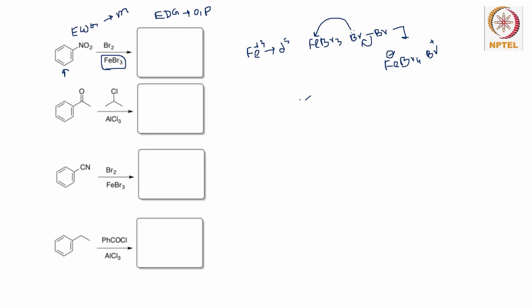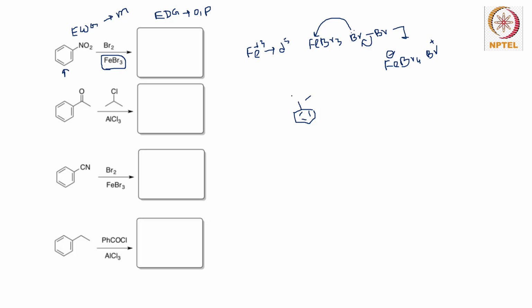If someone has doubt why this meta orienting and ortho-para orienting is happening, you can ask me, and I will incorporate some slides in the next class, because it needs huge structures and different types of structures, so I need preparation. I haven't included the structures. If you can get an idea from this, then contact me or ask me.